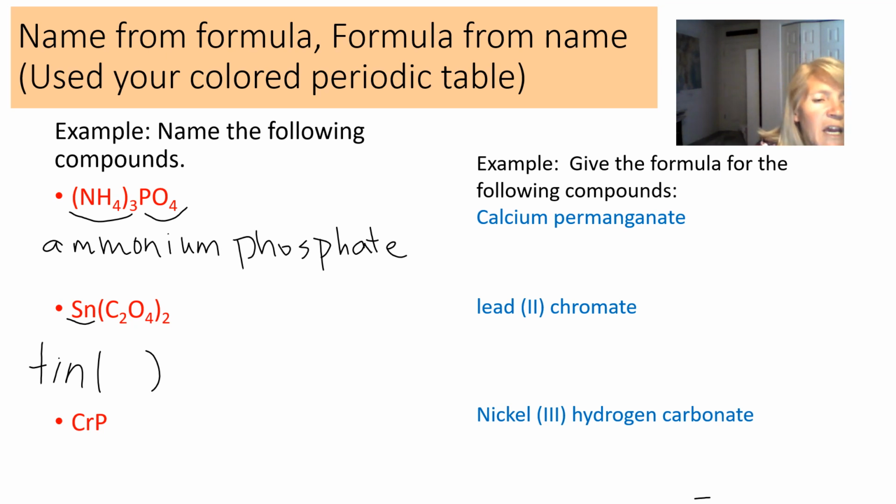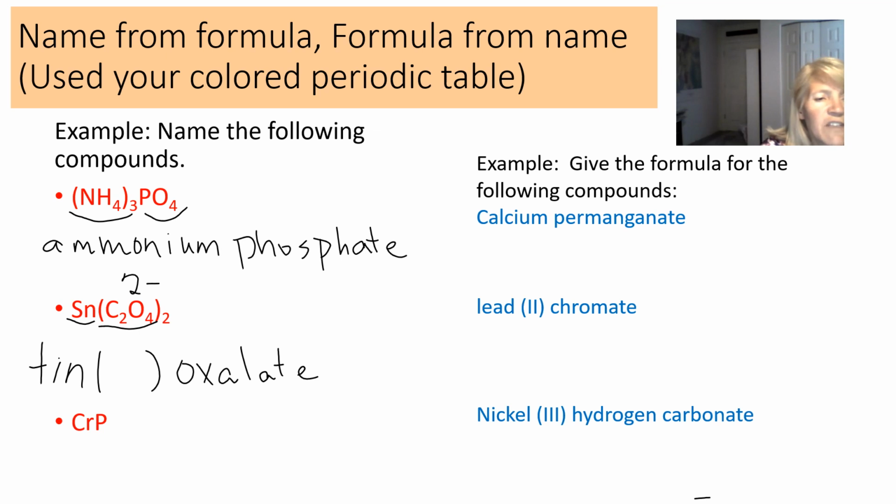So now I look at my anion, and again, it's polyatomic, so I look at my list, and that's called oxalate. So that's its name. The other thing I identify is its charge. Its charge is 2 minus. And from that, I can figure out what the charge on tin is.